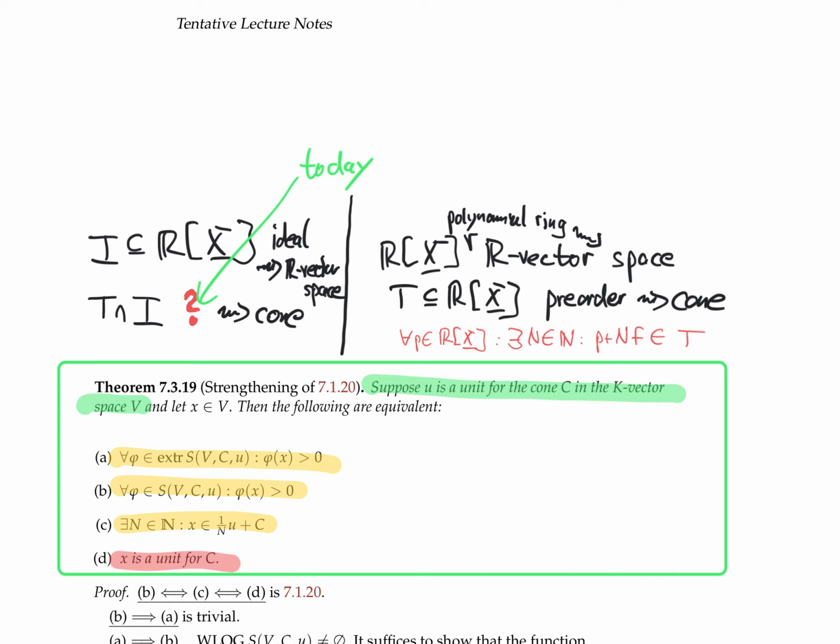And now we are in a better situation, because if you look at this, the condition that f is a unit is, when for all p in I, it's a unit now in the new vector space. So I take only p in I. That's very important. There exists an n in N, such that p plus n times f lies in T intersected I. Now we don't have this problem anymore, because here we take from the start a polynomial that vanishes at a given zero of f that caused maybe problems.